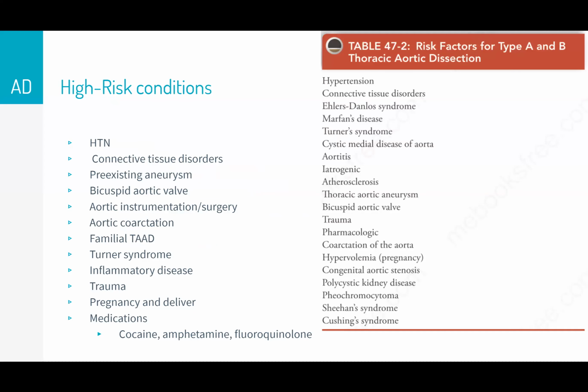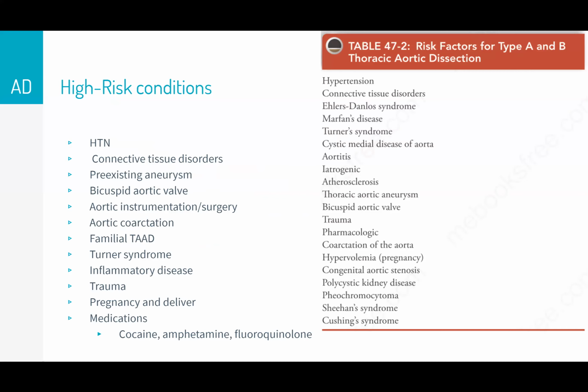So for aortic dissection, we have high-risk conditions. High-risk conditions are conditions where aortic dissection was associated with them at a very high rate, like hypertension or connective tissue disorders like Marfan disease, Ehlers-Danlos, and Loeys-Dietz syndrome.